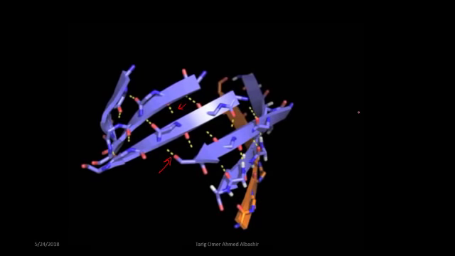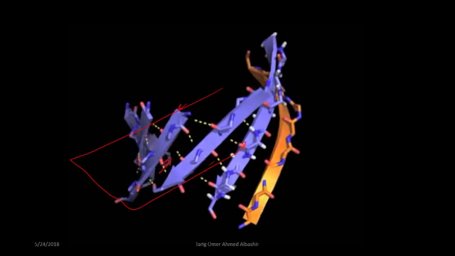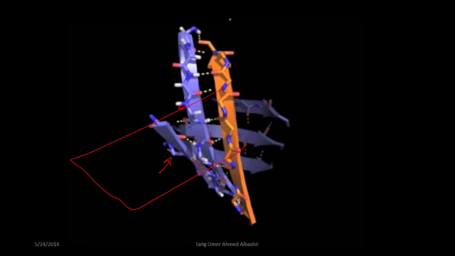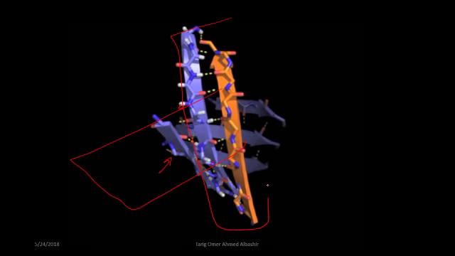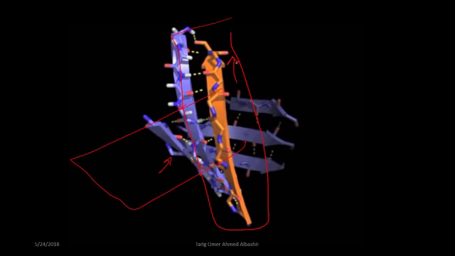And if we look at this segment, we can see we have antiparallel, because this polypeptide is in this direction and this one lines up opposite to the first polypeptide.